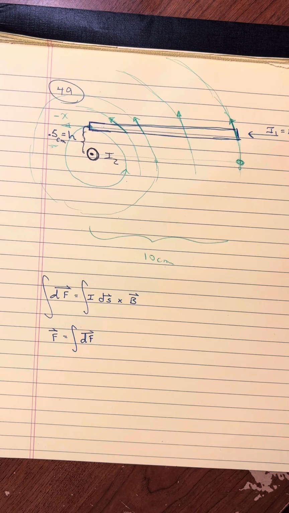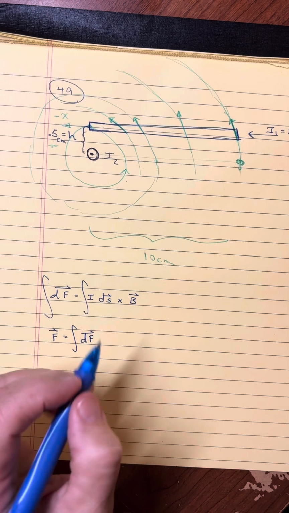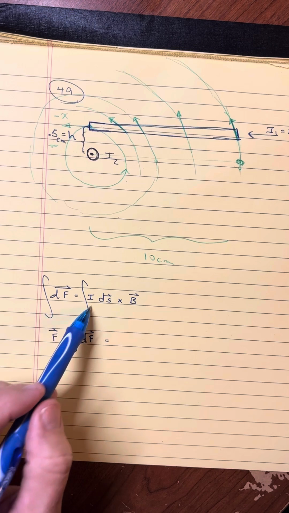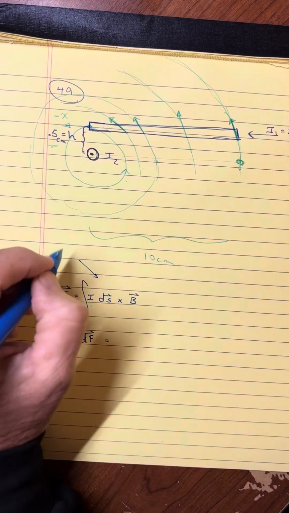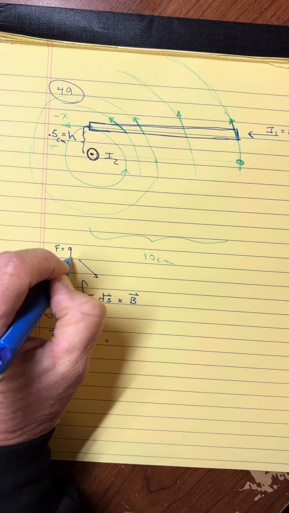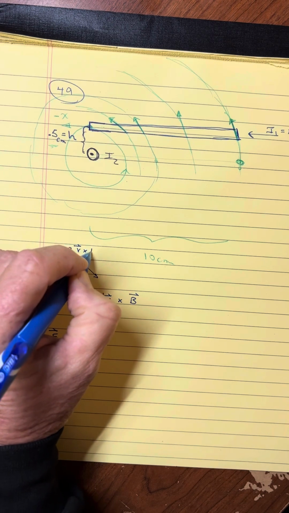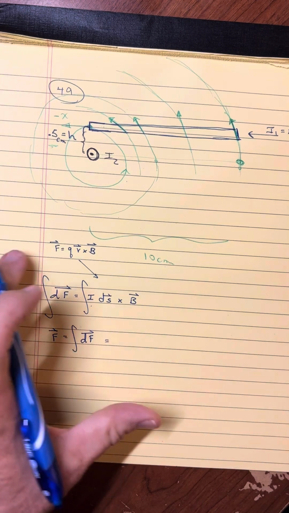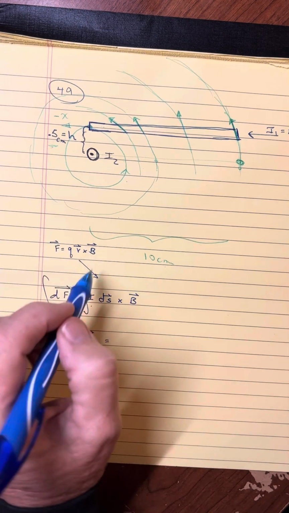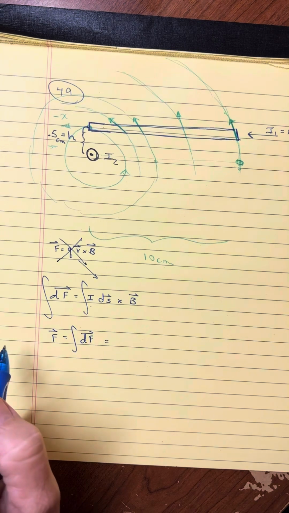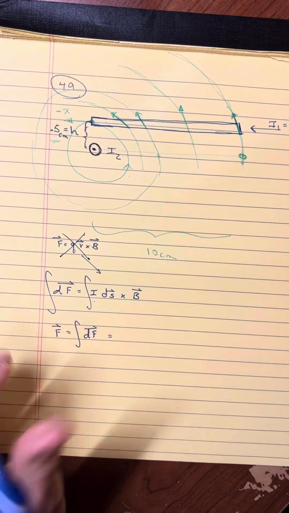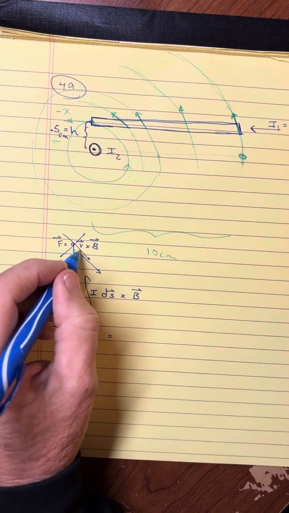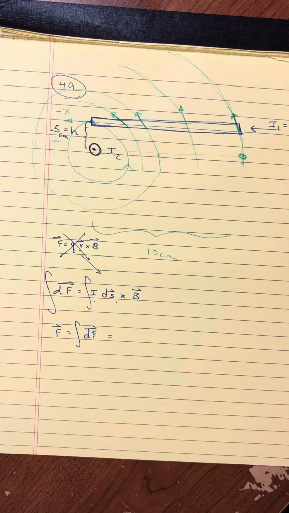I want to add them up. Okay. Now, adding them up, and maybe I should have pointed out, this came from force equals a moving charge in a magnetic field has a force on it. But let's not go all the way back to here. I think the author wants us to begin this problem right here after he derives this step to here, and now wants us to do this integration.